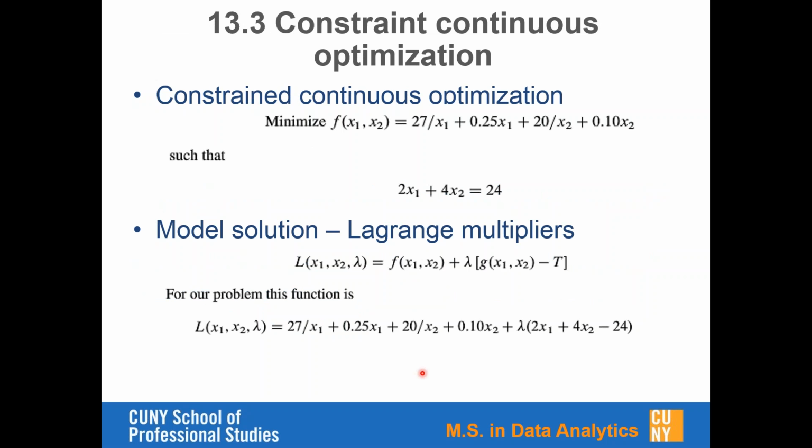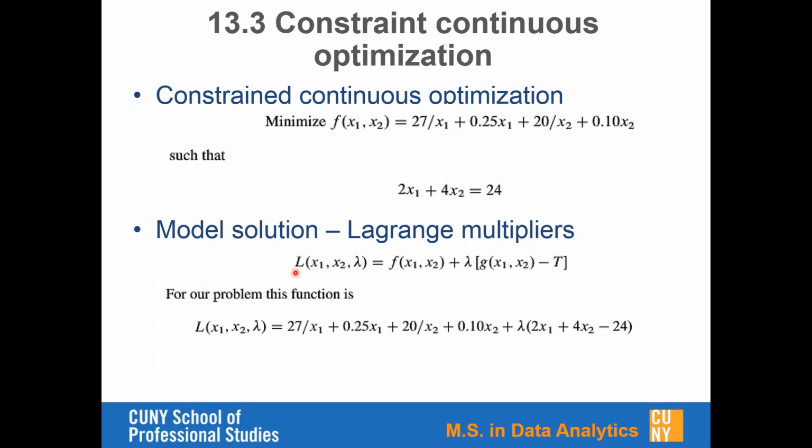So continue with this conversation. If we have a constrained continuous optimization, we want to minimize a specific function so that a particular constraint is met. One of the approaches is called Lagrangian multipliers. The method itself is not that difficult. Essentially, we use a Lagrangian multiplier that is called lambda.